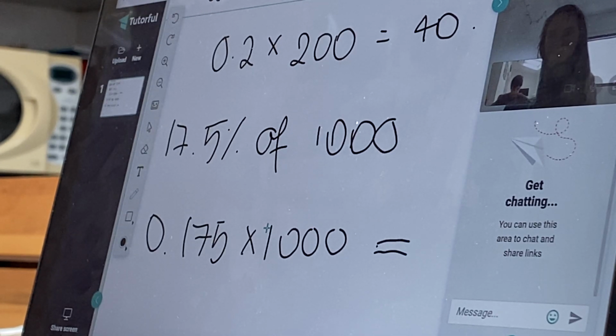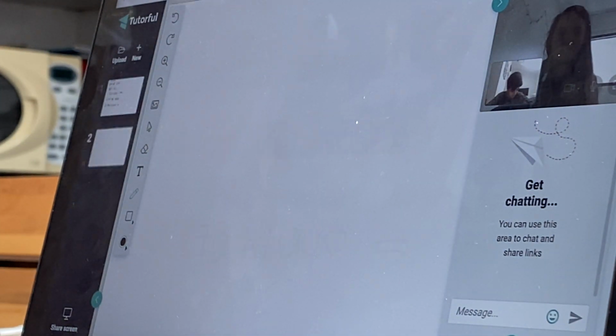It's going to make it bigger. Not quite, that's a little bit too big. So I'm just going to go through it.